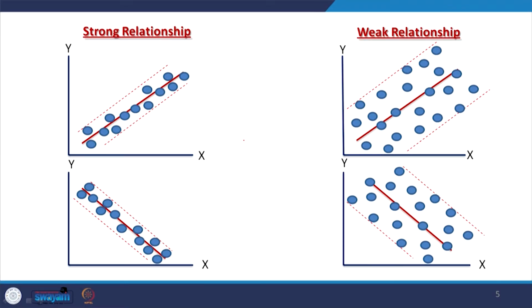But on the right hand side, the variability from the trend line is much higher, though still captured within a limit, and that is defined as a weak relationship. In this case the variability is very small, whereas in this case the variability from the trend line is much higher.